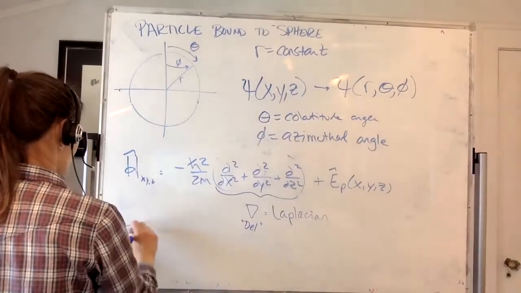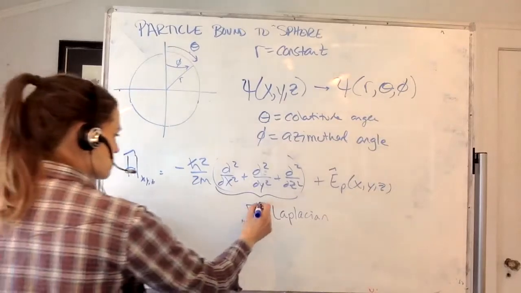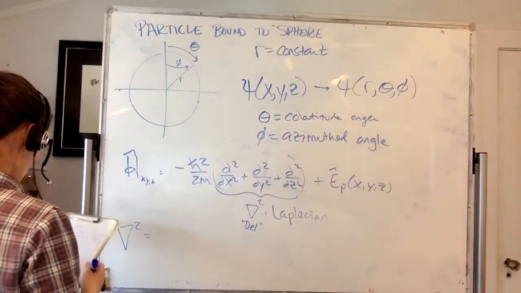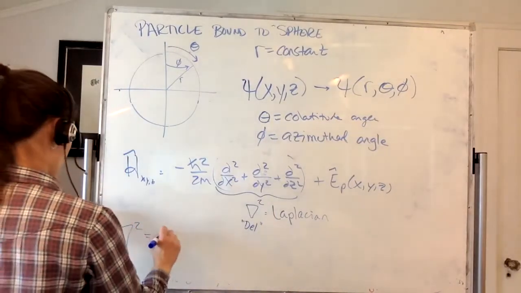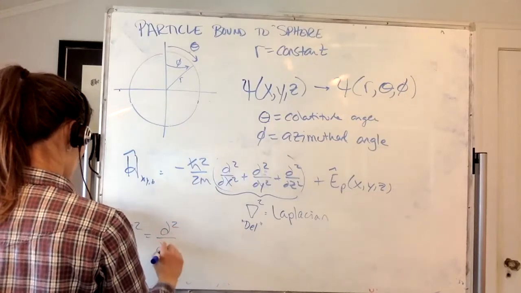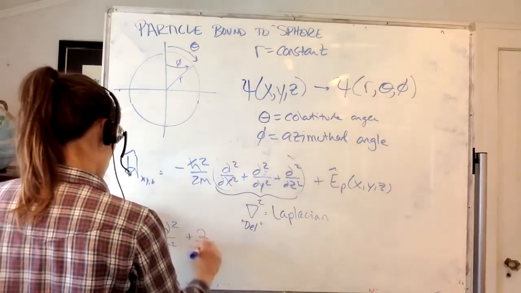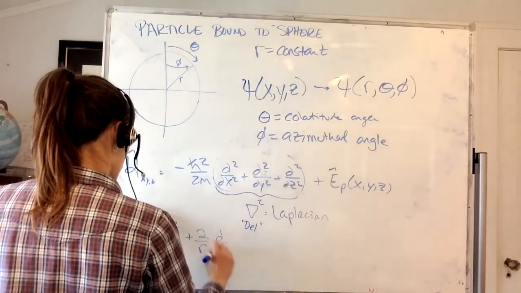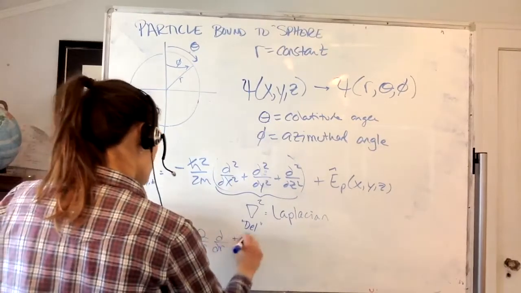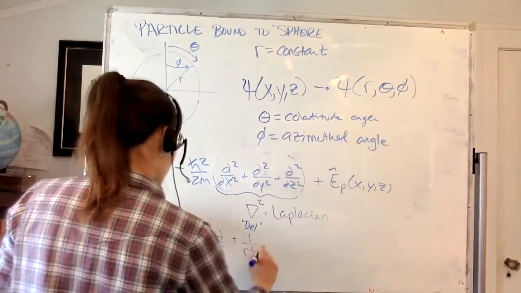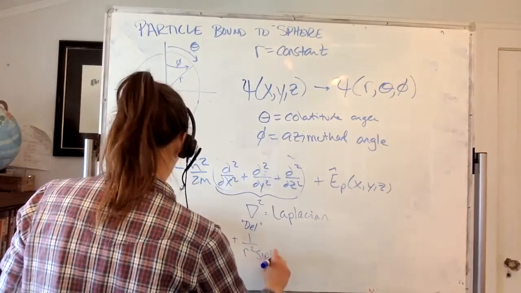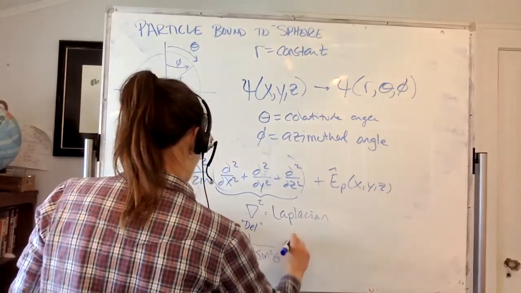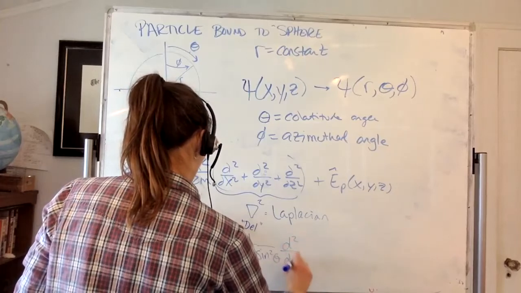So del squared equals partial squared partial r squared plus 2 over r partial r plus 1 over r squared sine squared theta partial squared partial phi squared.